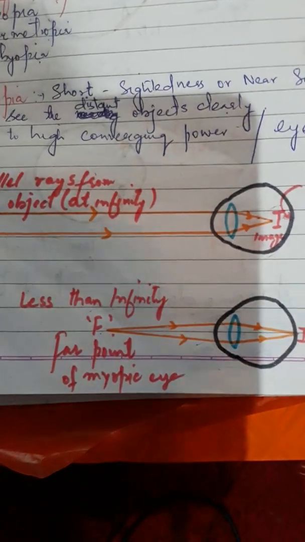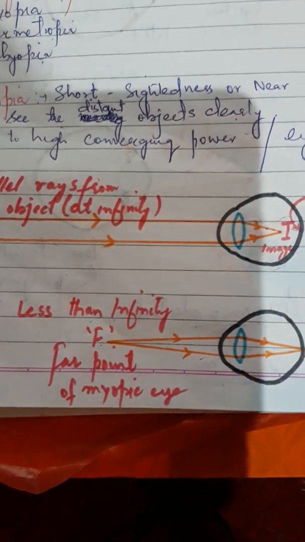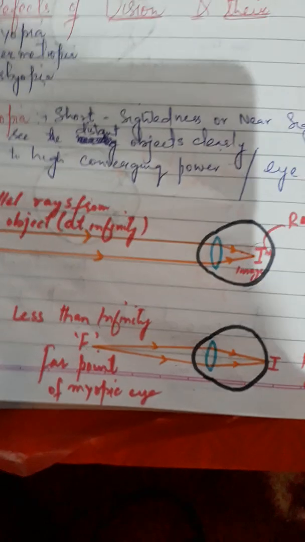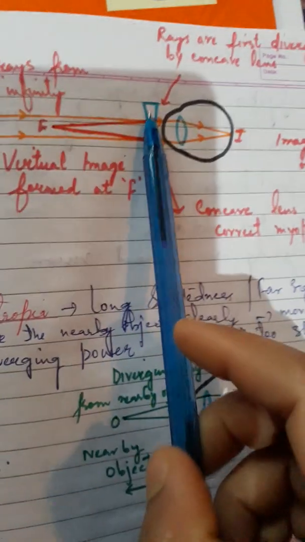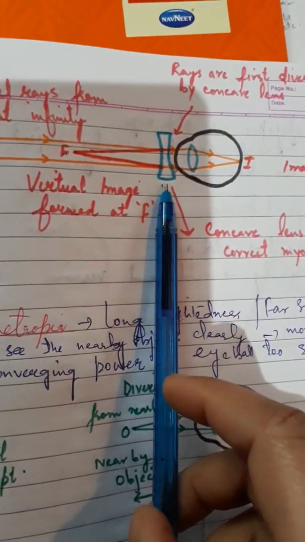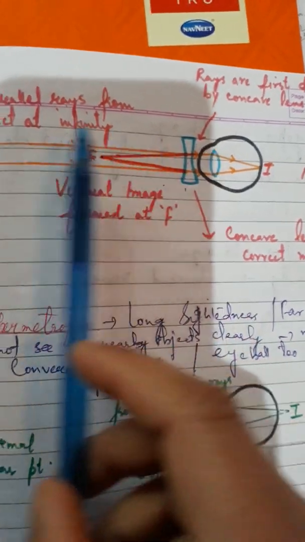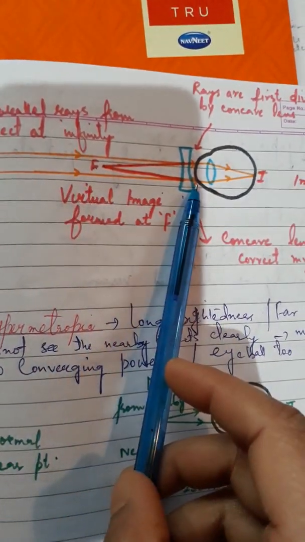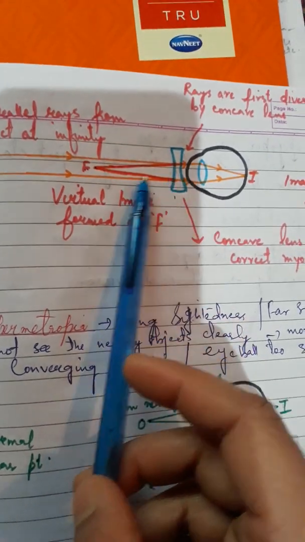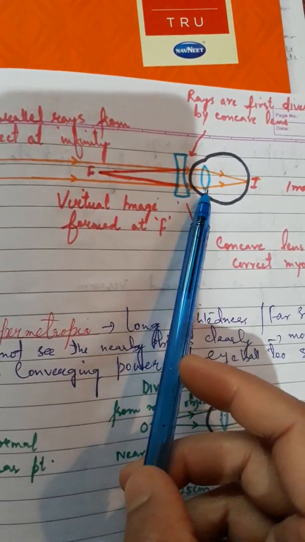So for that case, we need a diverging lens, and that is a concave lens. So myopia is corrected by using spectacles containing a concave lens. You can see here, when a concave lens, a diverging lens of suitable power, is placed in front of the myopic eye, then the parallel rays of light coming from a distant object are first diverged by this concave lens.